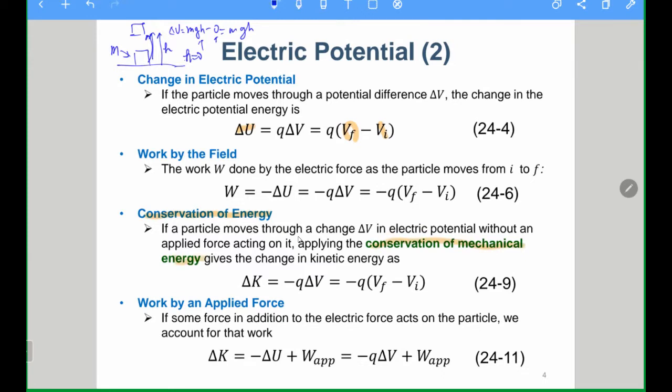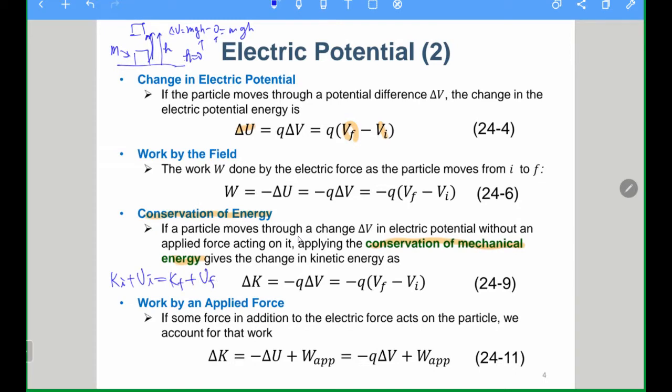The total mechanical energy will be K initial plus U initial, the kinetic energy plus the potential energy, which is the same as the kinetic energy at the final stage plus the potential energy at the final stage.